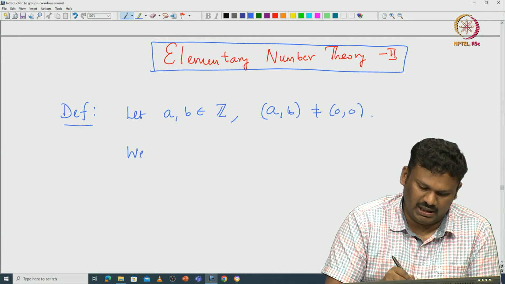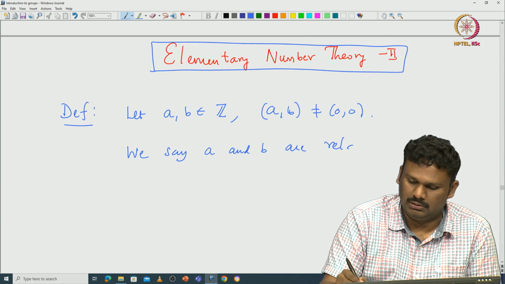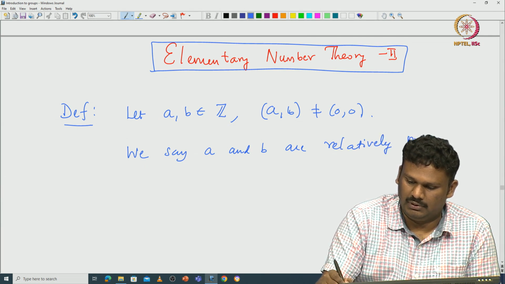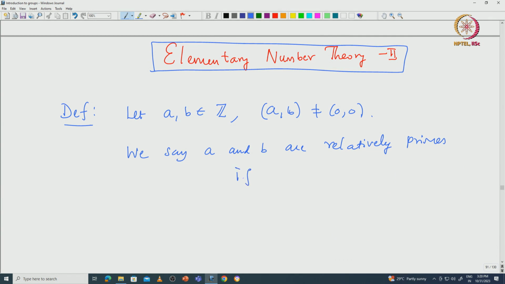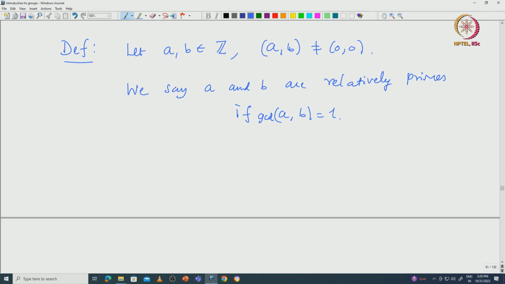Then we say A and B are relatively prime if the GCD of A, B is 1. And then this definition you can generalize to any given finitely many integers, not all of them 0. So if the GCD of those numbers is 1. Okay. So you can also talk about relatively primes in pairs or pairwise relatively primes.